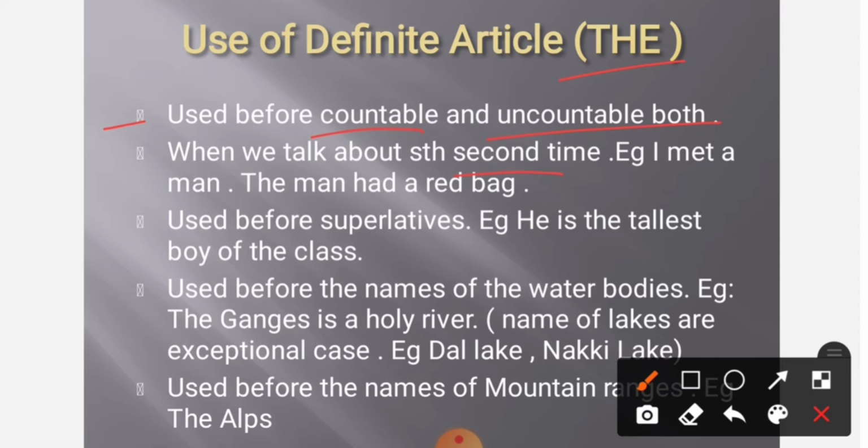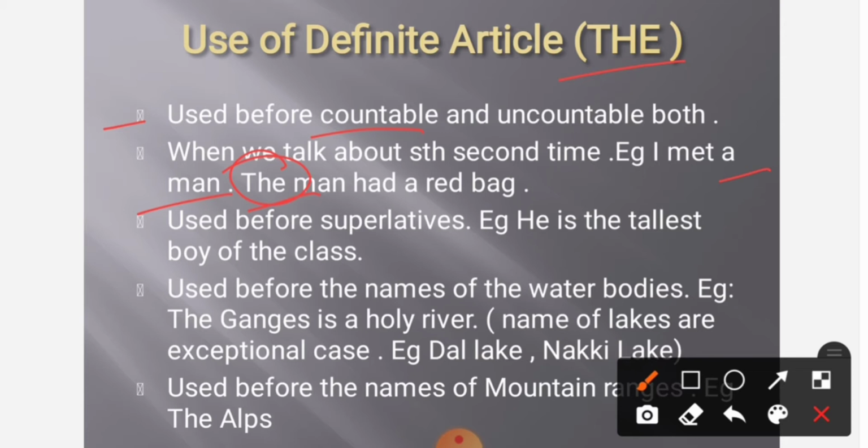The first time, this noun man occurs first in this sentence. But when I repeat the same word man, the second time, we use the article the there. First time when we refer to it, we use the indefinite article, but the second time we use the definite article, that is the.